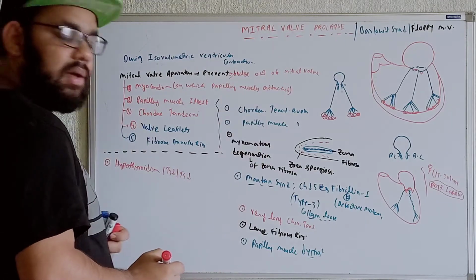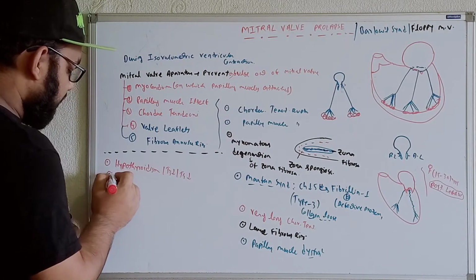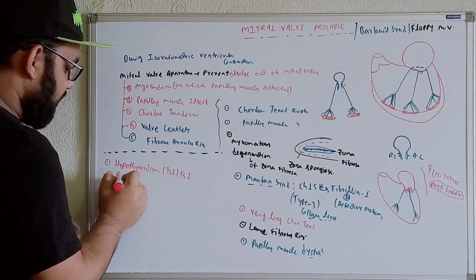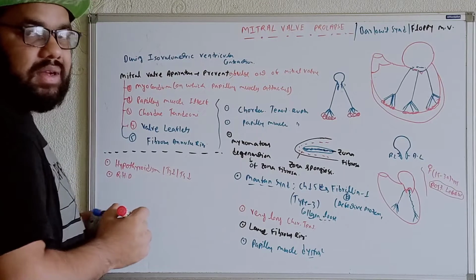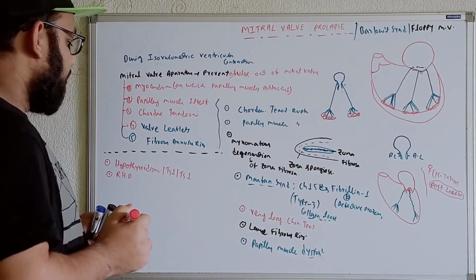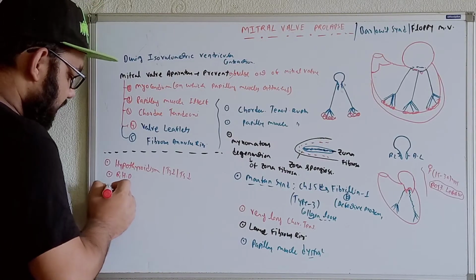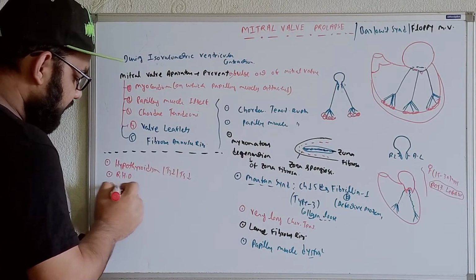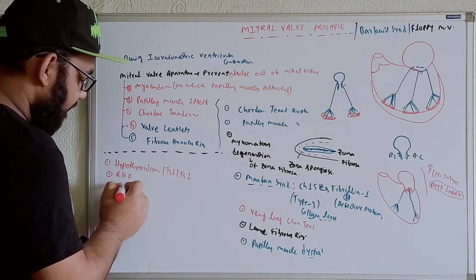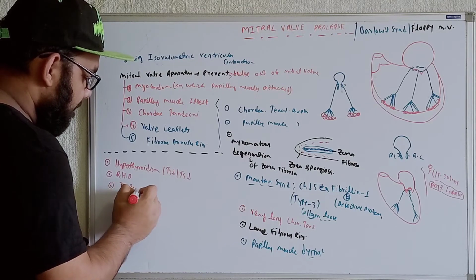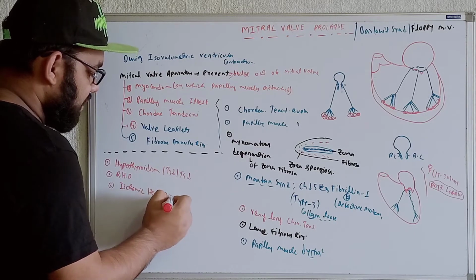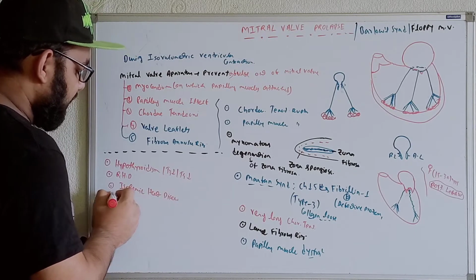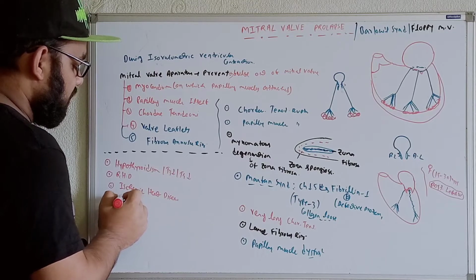Along with that, if we get rheumatic heart disease, where we will get vegetations around the valve leaflets, that can also cause mitral valve prolapse. And we can say ischemic heart disease. And another one, write it over here.